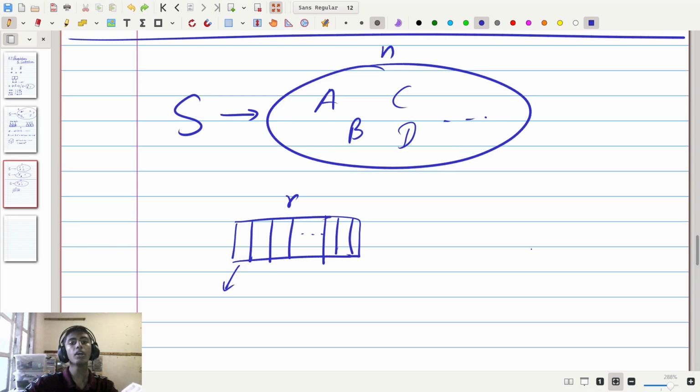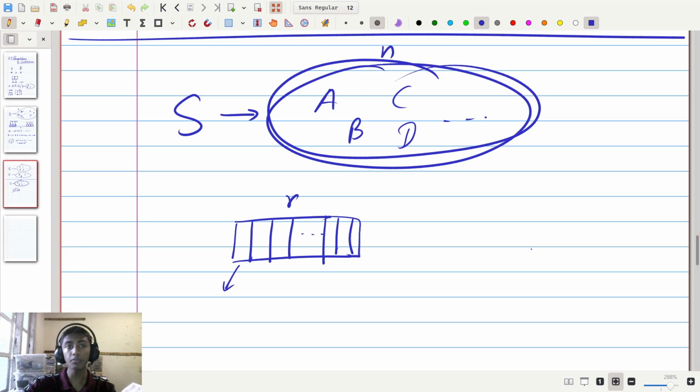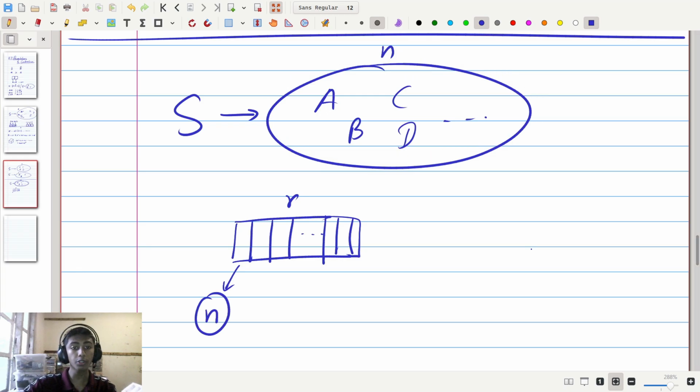Again, remember, all of these elements are assumed to be unique for our purposes. So then, for the very first choice, in this case, we can choose from any one of the n total elements within the set S. So if we do that, we have n total choices for that first element. And now one of them is gone. Let's suppose we choose B for our first element, in which case B is gone.